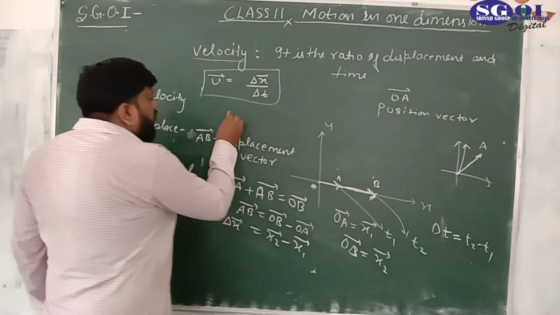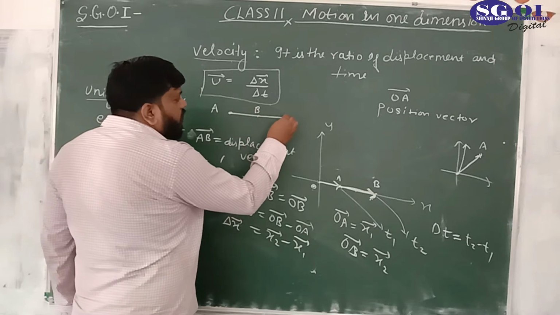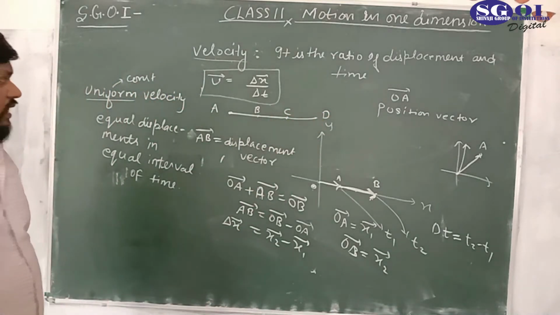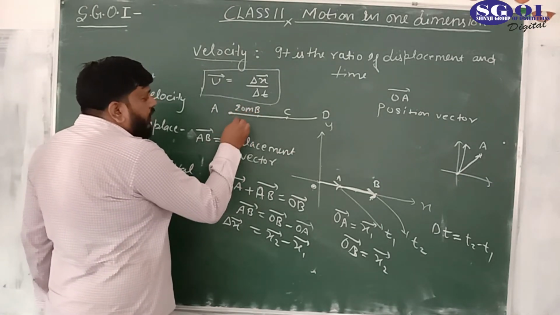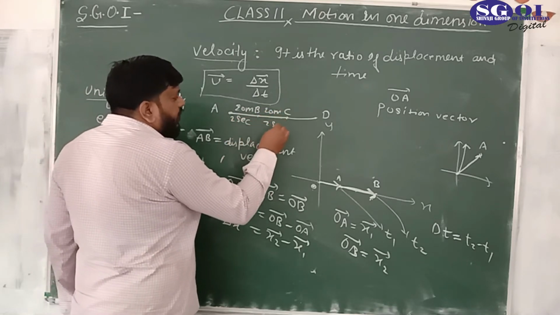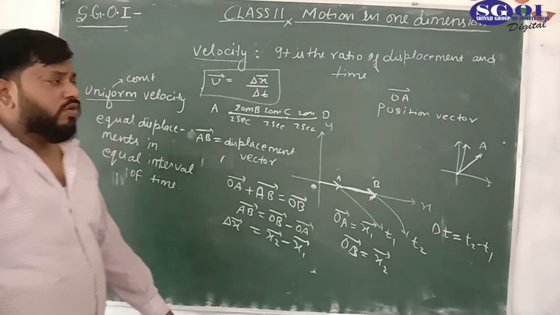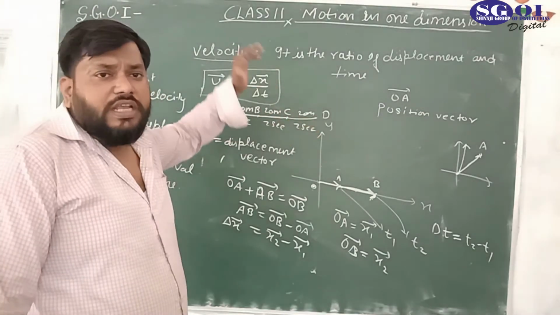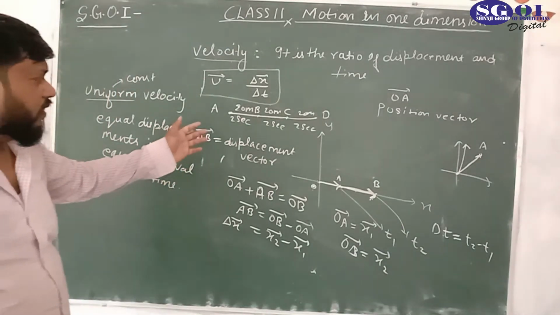Take an example. Suppose the object is at position A and it moves towards B, then towards C, then towards D in a straight line in one direction, and A to B is 20 meters in 2 seconds, again 20 meters in 2 seconds, again 20 meters in 2 seconds. You can see this example is just like the previous one, but here the difference is the direction.